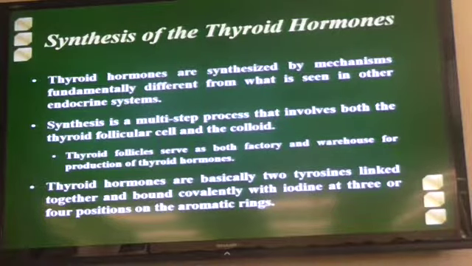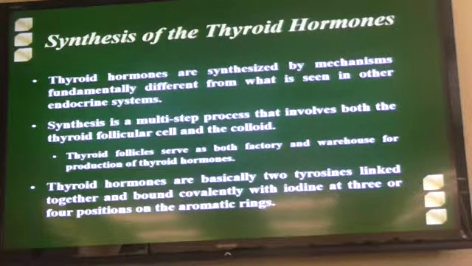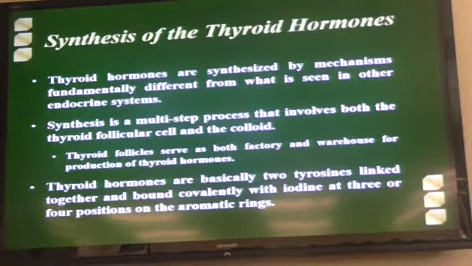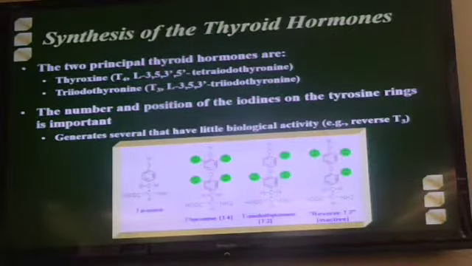Okay. Now, thyroid hormones are basically two tyrosines that are linked together, and they're bound covalently with iodine at either 3 or 4 positions. What do you think the one that's got 3 in it is called? T3. Why do we call it T3? 3 iodines, right? And if we have 4, tetra. Okay, tri or tetra. T4, T3. Now, the 2 principal thyroid hormones are those.